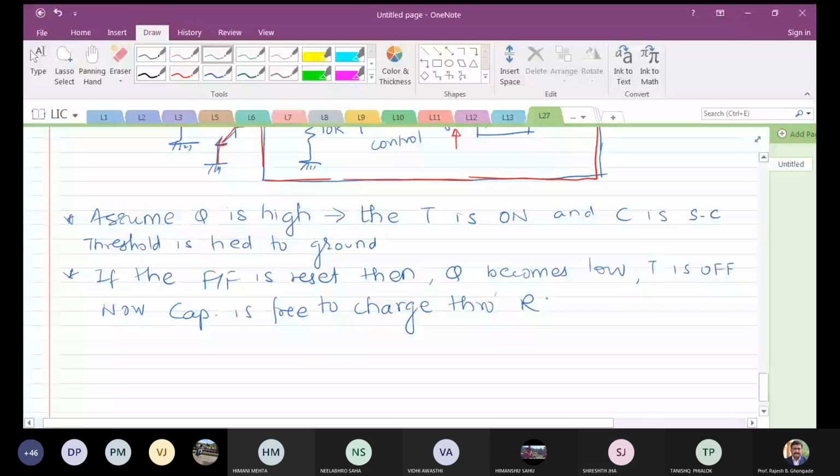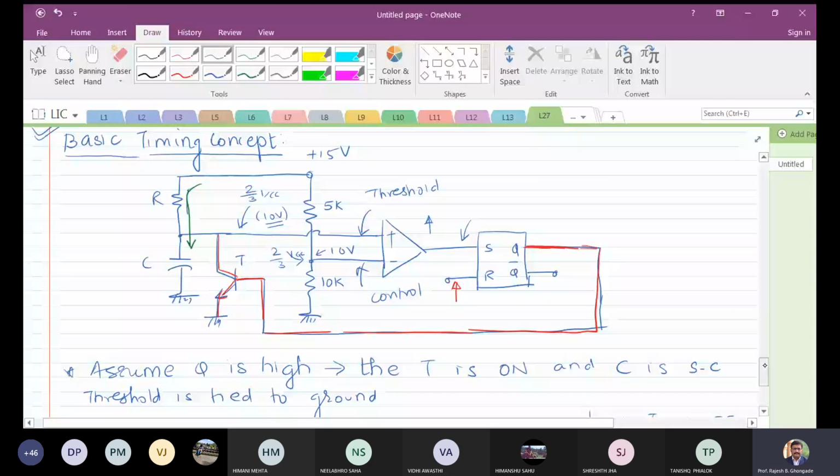So, as voltage across capacitor increases slightly above 10 volts, the comparator... Sir, your screen is frozen.